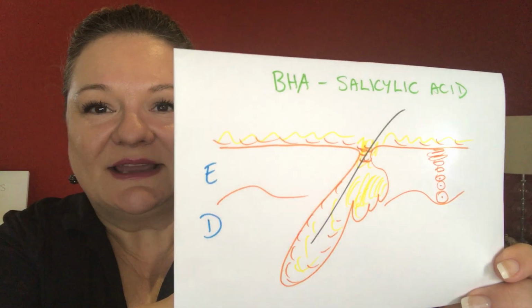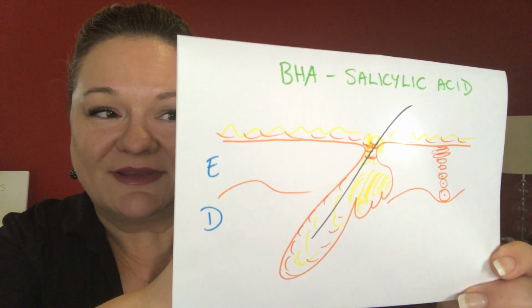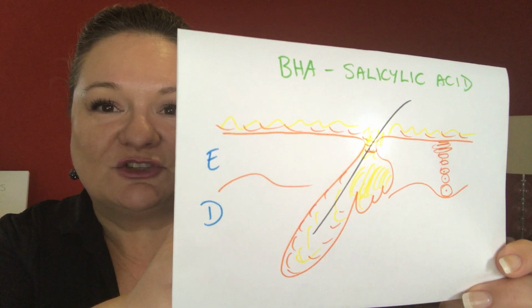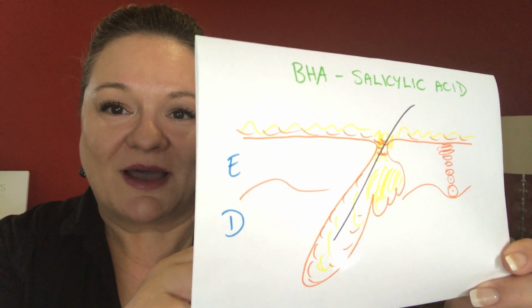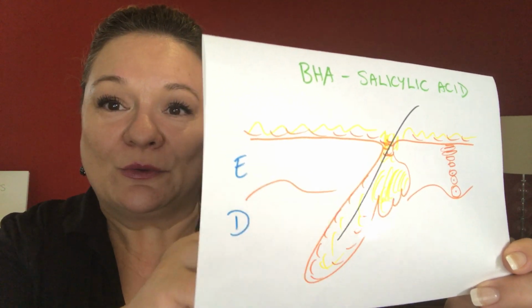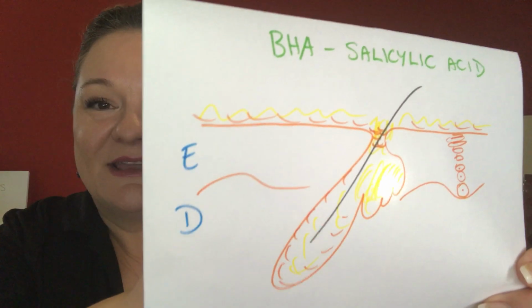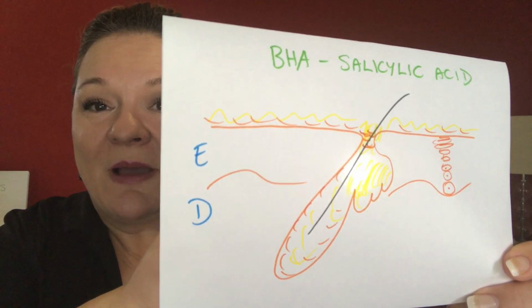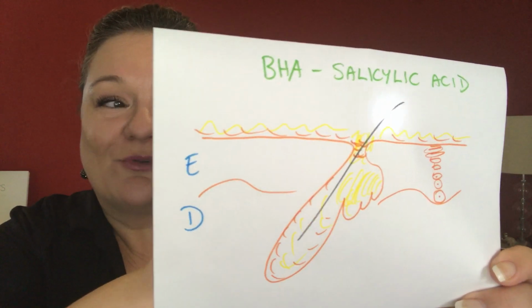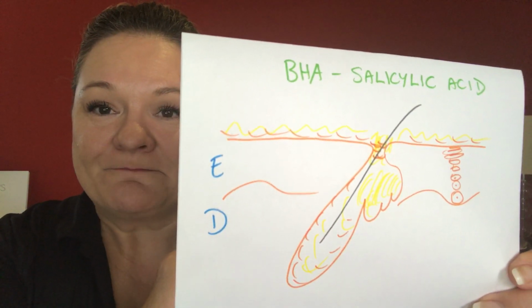Now, salicylic acid works to dissolve the dead cells, as well as has the ability to penetrate into the pore and dissolve the buildup of dead cells and oil in the pore. What you have here, this little guy here, is the sebaceous gland, which pumps the oil into the pore, which gradually makes its way to the surface of the skin to lubricate and protect the skin.